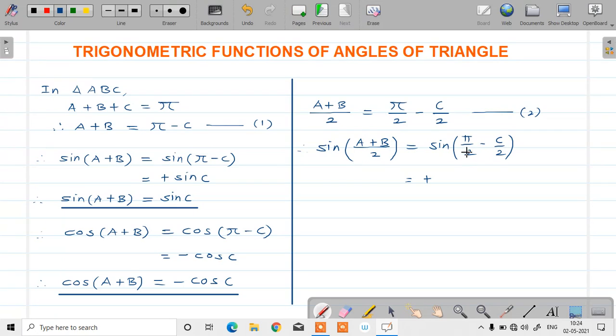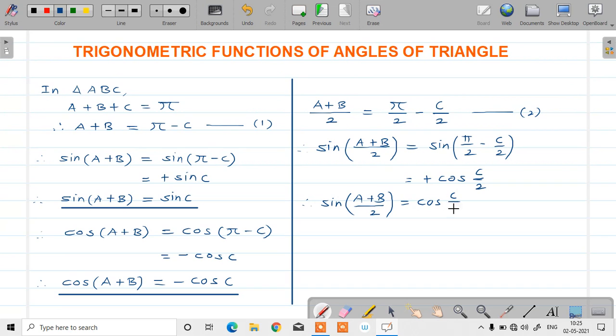Now this is pi by 2. Pi by 2 means 1 into pi by 2. So an odd multiple of pi by 2 is there. So change the ratio. So sine changes to cos. If there is an odd multiple of pi by 2, then you have to change the ratio. And hence we get the formula, that is sin((a plus b) upon 2) is equal to cos(c by 2).